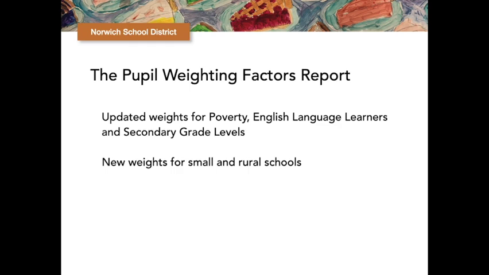The report generated a lot of interest, and for many schools in Vermont, it highlighted an inequity that they had been living with for decades. Because the weights didn't reflect the true costs, some districts that had significant numbers of English language learners or a significant number of students in poverty found it difficult to raise the money necessary to fund their schools.